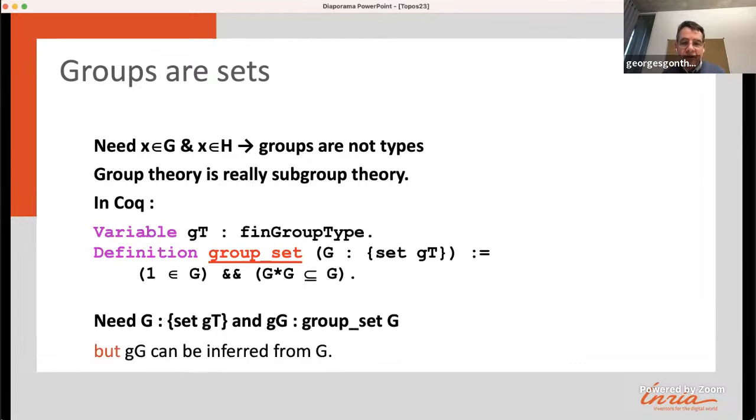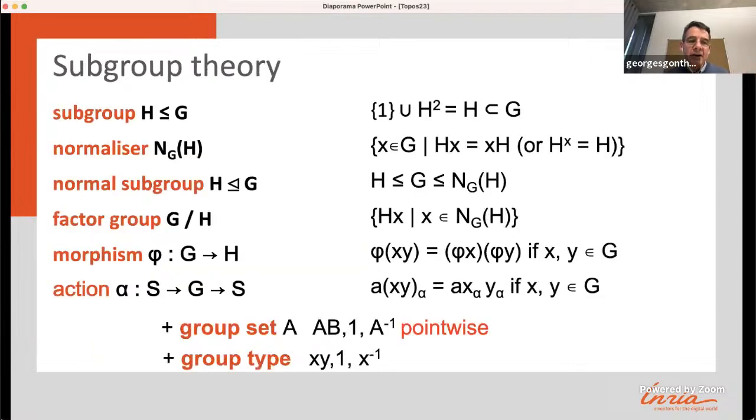And in Calc, you can sort of do this. You can say, okay, well, I'll define a property that tells me when a set is a given group. The nice thing is that we can use interfaces to give properties to certain sets and tell that these things are actually groups, and then they will behave as groups when you do the theory.